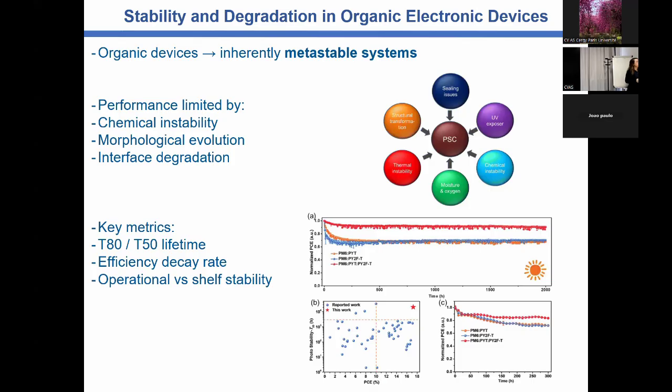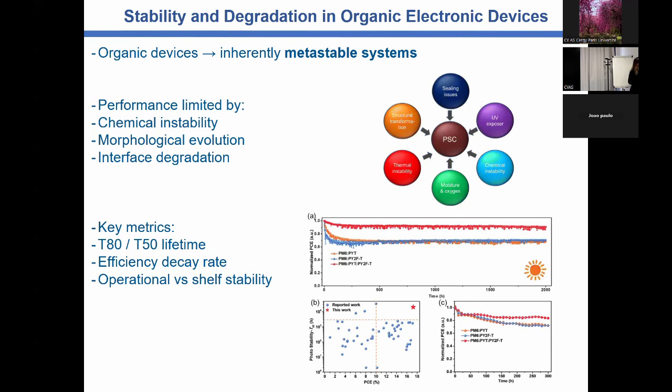In terms of stability, we have these key metrics, as we call T80 and T50 lifetime. So it's the time that we reach 80% or 50% of the efficiency in terms of the beginning.